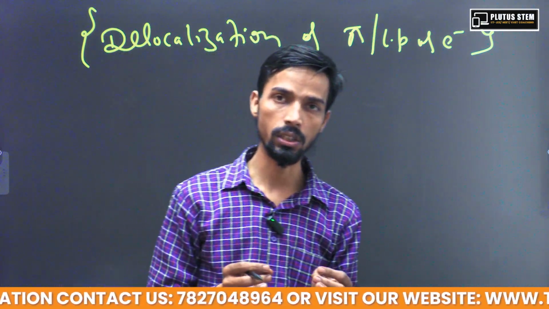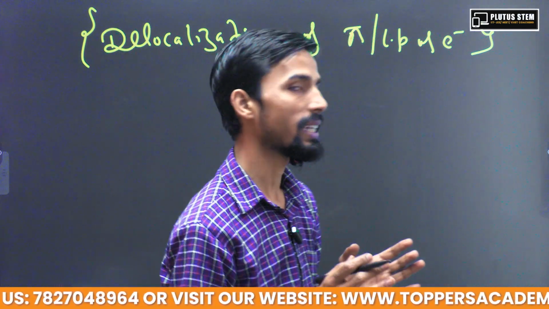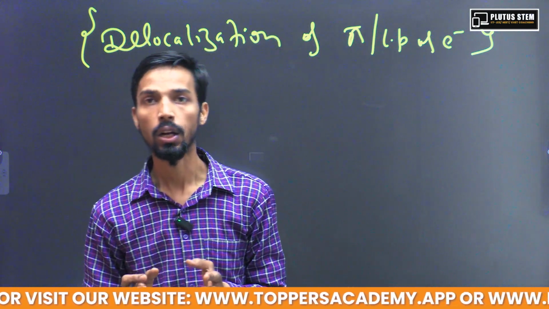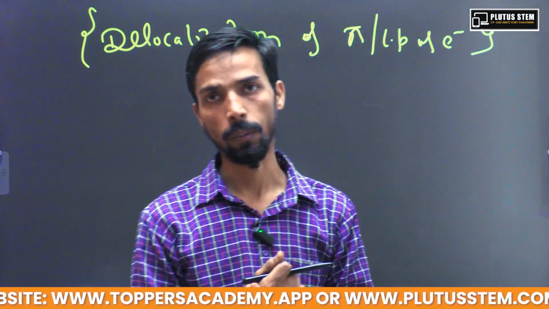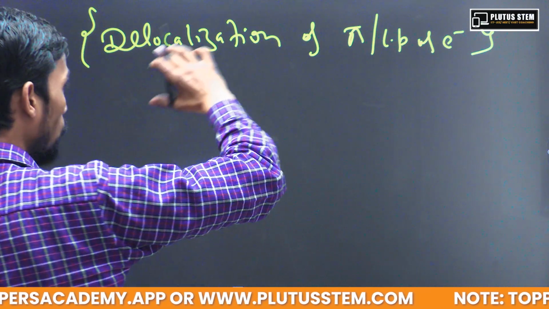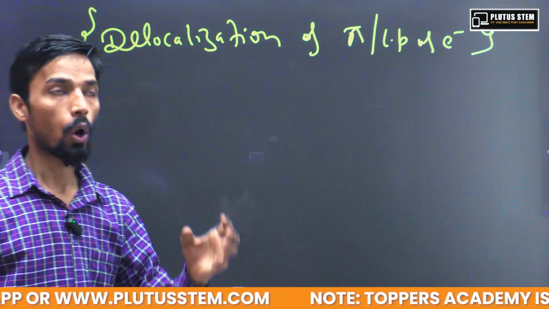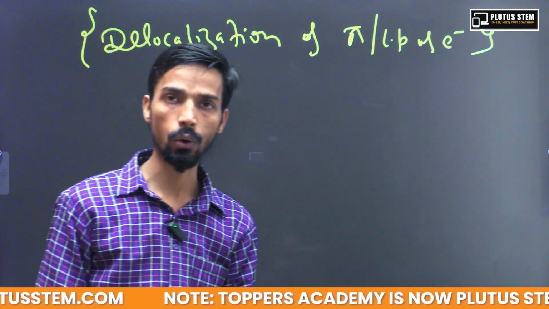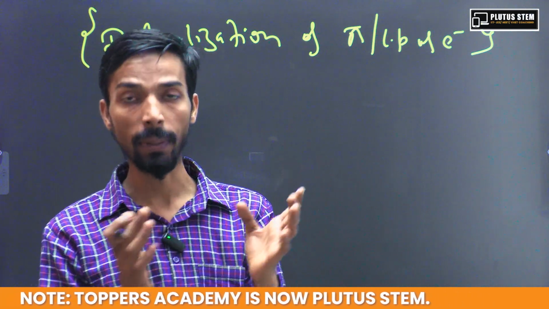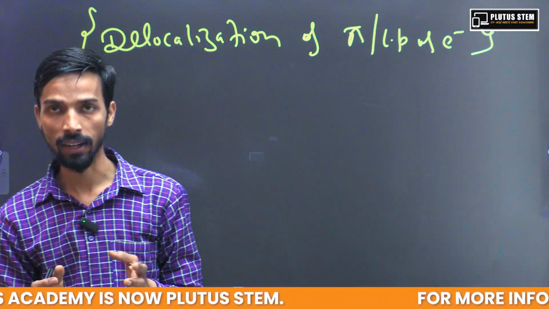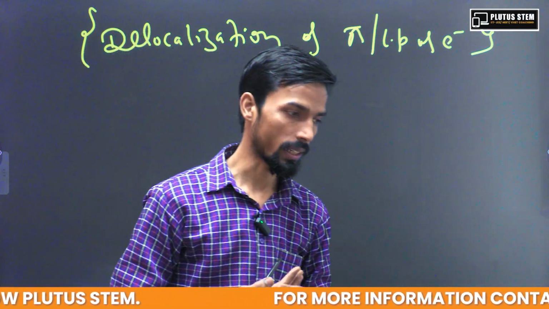The simplest definition of resonance is delocalization of pi or lone pair of electrons. So whenever you see delocalization of a pi bond or of a lone pair of electrons, you can assume that the phenomenon of resonance might be occurring there.